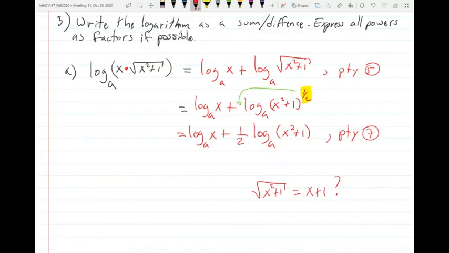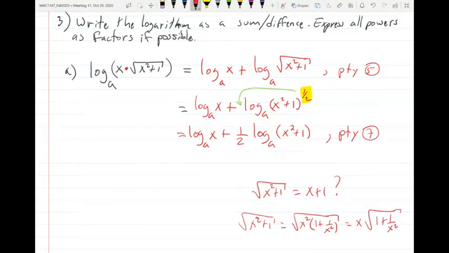What would you factor out? There is nothing to factor in there. You could factor out an x squared if you wanted to, but then you get 1 plus 1 over x squared. So you will obtain x times the square root of 1 plus 1 over x squared. Probably that's not what you want. This just got more complicated than what it was originally, right? So this is not true.